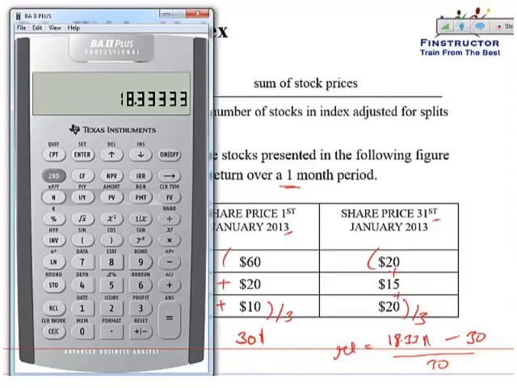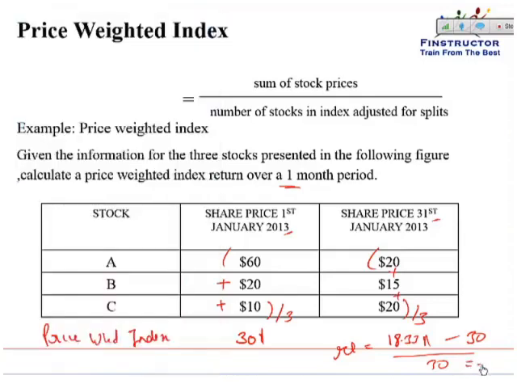So 18.33 minus 30 divided by 30, that will come out to be minus 38.8%, which is understandable because the biggest stock price has fallen by about 67%. So even though a small stock price has doubled, it's not going to impact much because it is the biggest stock price that has the highest weight in this index.